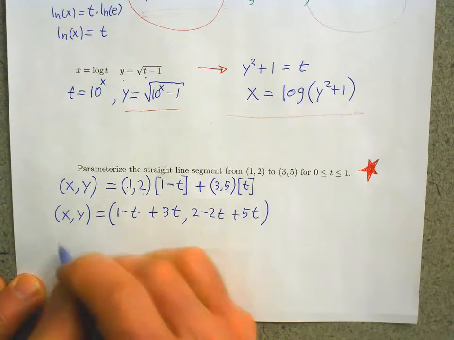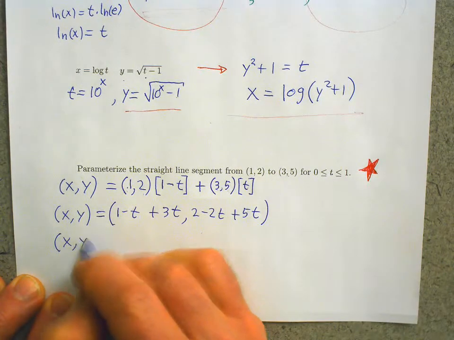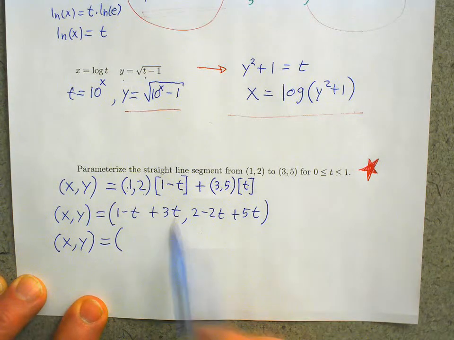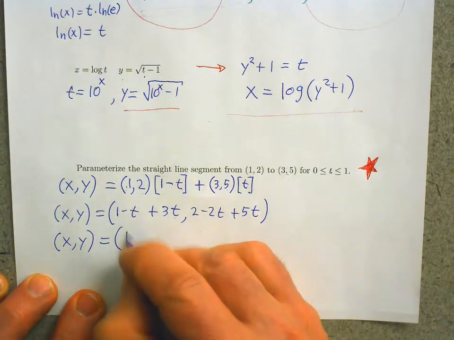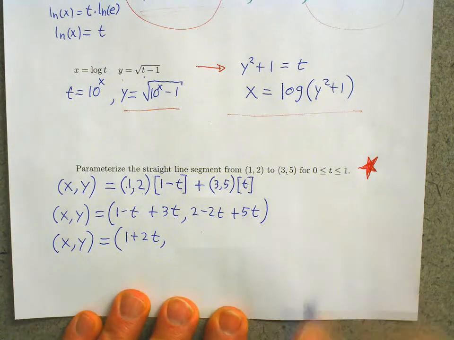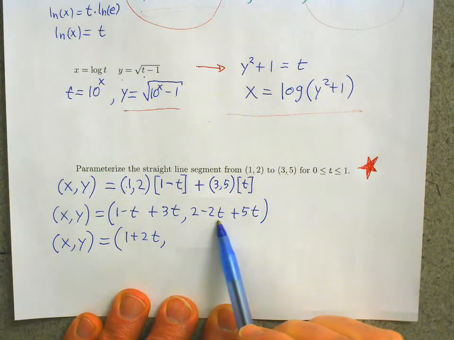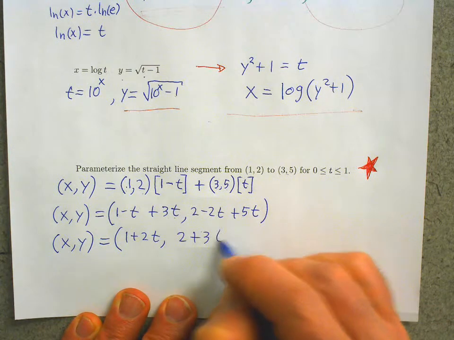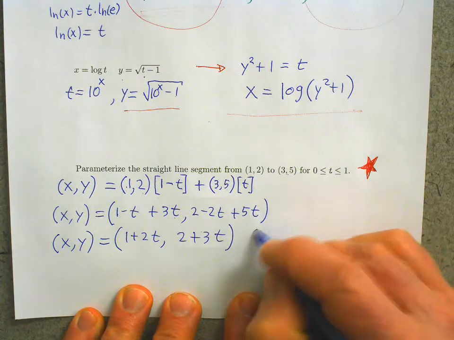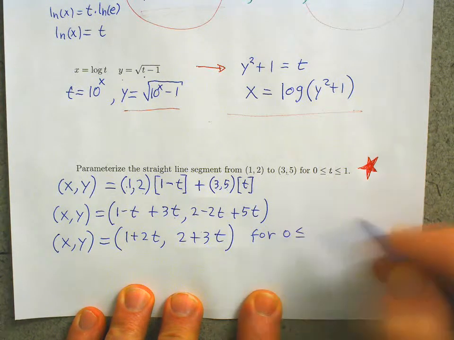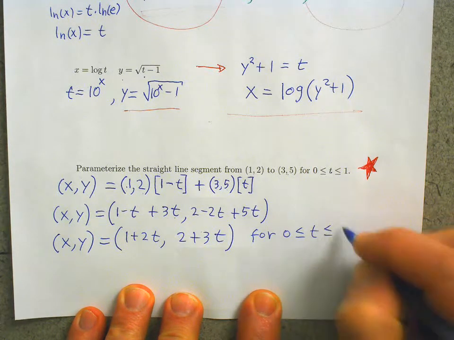So now let's simplify. 1 minus t plus 3t is 1 plus 2t. And the y-coordinate, 2 minus 2t plus 5t is 2 plus 3t. And this is for values of t between 0 and 1.